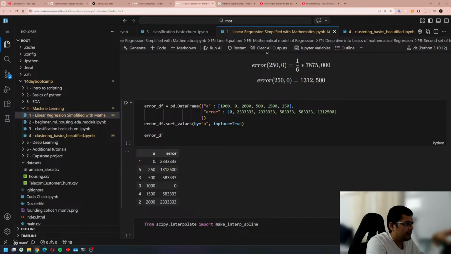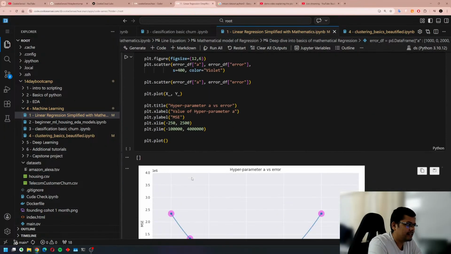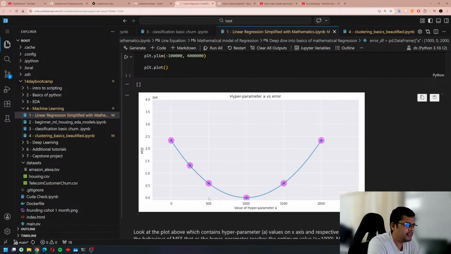So take a look over here. I'm saying the lowest error, 0, happens when the value of A is 1000, and I'm keeping the value of B constant for a reason, so that things become a little easier to visualize. Now if I plot this, you would come across something like this, which means that at the value of trainable parameter A equals 1000, the error is lowest.